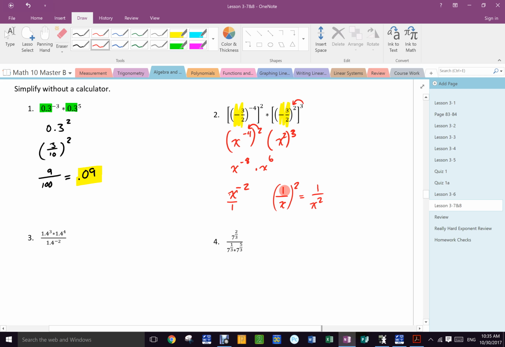Well, all I did right there when I flipped the fraction, my fraction was negative 3/2, wasn't it? So what happens when we flip it? It becomes what? Negative 2/3 squared, yes? And now it's super easy. What's negative 2 squared?